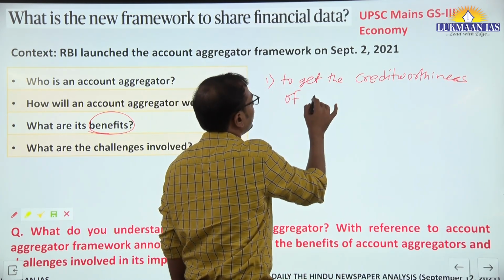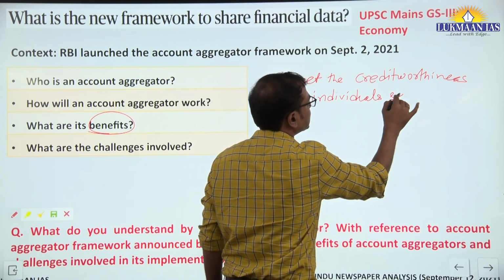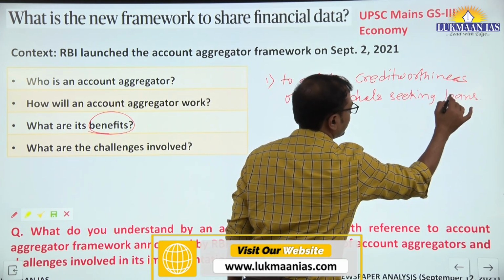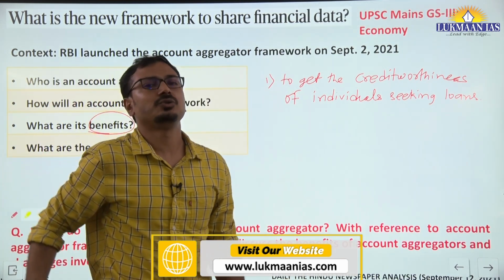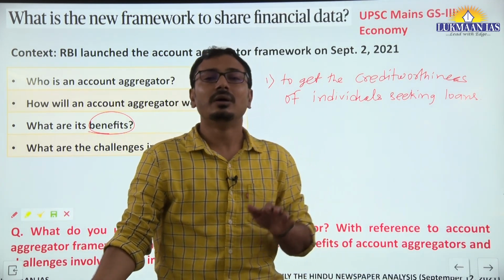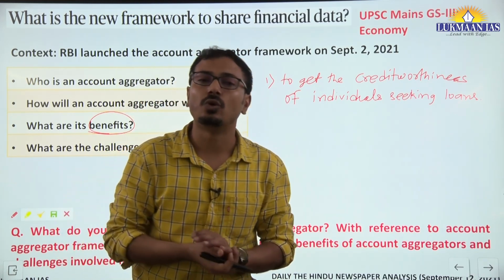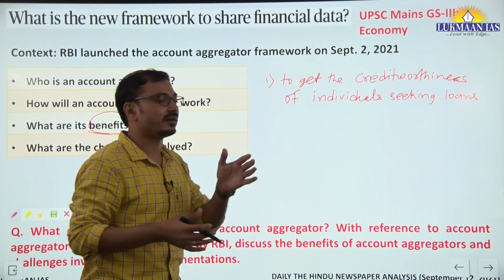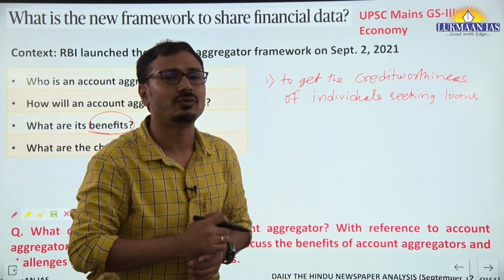of individuals seeking loans or credit from banks or financial institutions. Up till now, creditworthiness was decided from PAN accounts, or there were many credit score rating agencies who come up with a credit score of an individual, but that was on the basis of limited information.